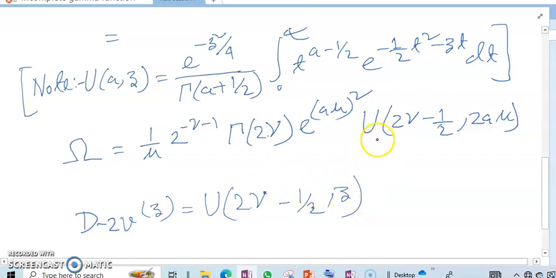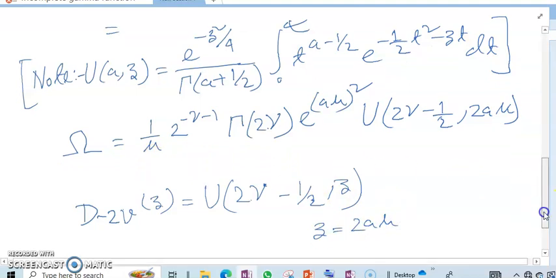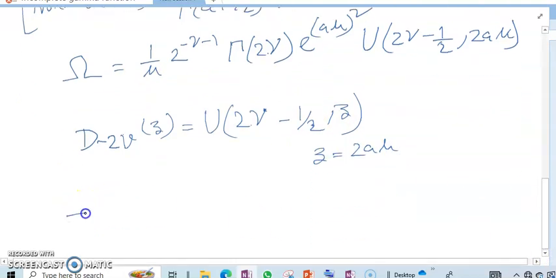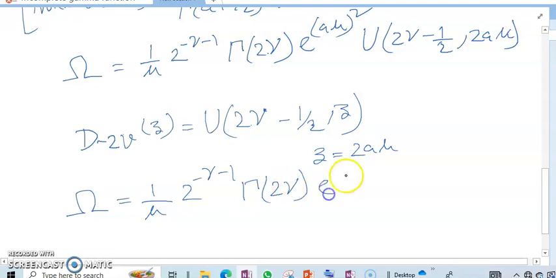So friends, if you check, z equals 2a mu here. So my omega equals 2 to the power gamma minus 1, gamma 2 gamma, and e to the power.